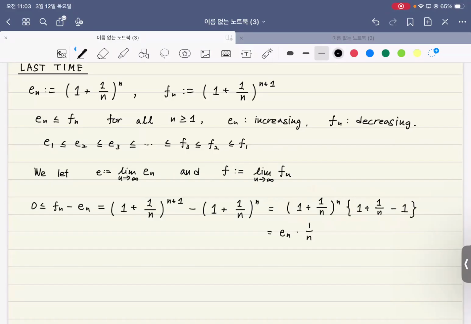Okay, so I just ended up with this equation, but I somehow want to find an upper bound of this. This sequence is always less than or equal to the first term of the sequence F, so this is less than F1 times 1 over n. But what is F1?